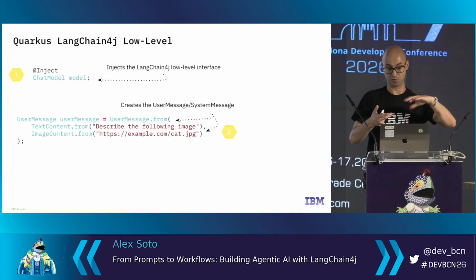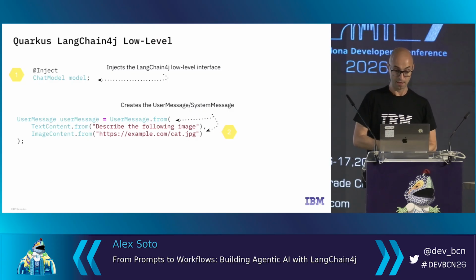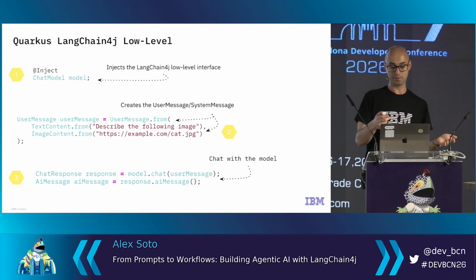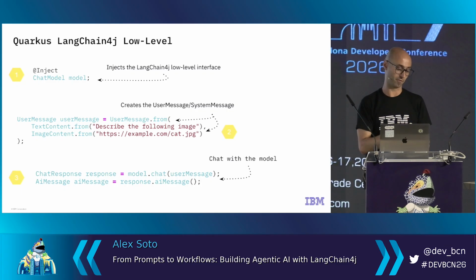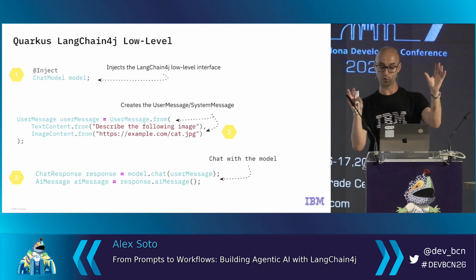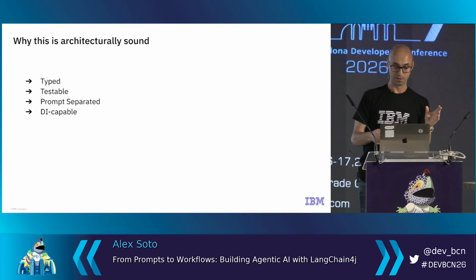So you can mix the contents, and then say model.chat. You set the user message, and done. And then you can do response.aiMessage, you get the AI message, you get the response, and so on and so forth. For example, you can get things like if a tool was called or not, and things like that, okay? So this is the low level. That's great, right? Because it's easy to either use the high-level or the low-level API.